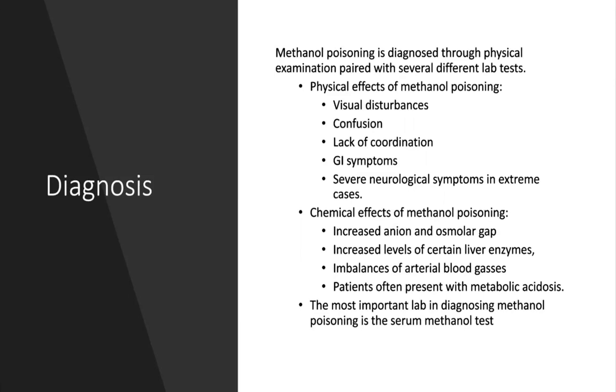The chemical effects can include an increased anion and osmolar gap, increased levels of certain liver enzymes, imbalances of arterial blood gases, and oftentimes metabolic acidosis. The most important lab in diagnosing methanol poisoning is obviously the serum methanol test.